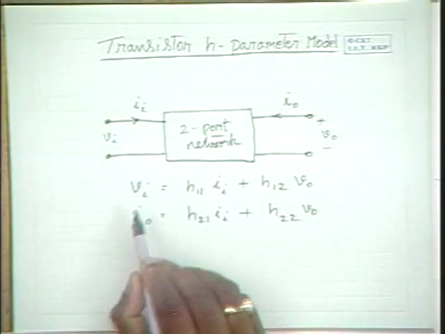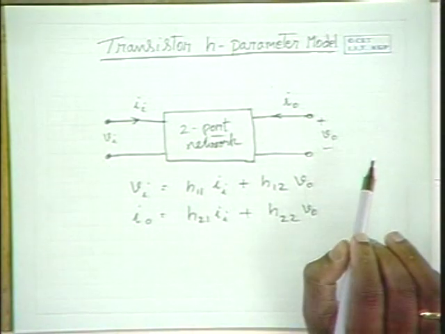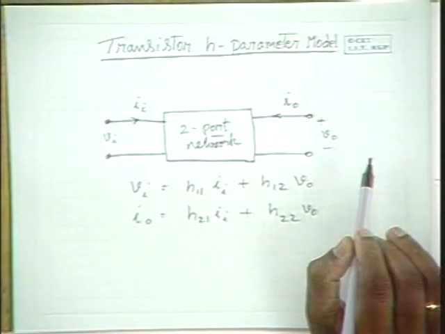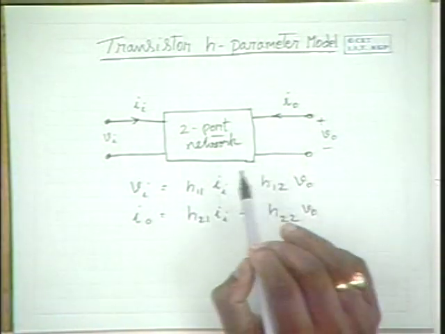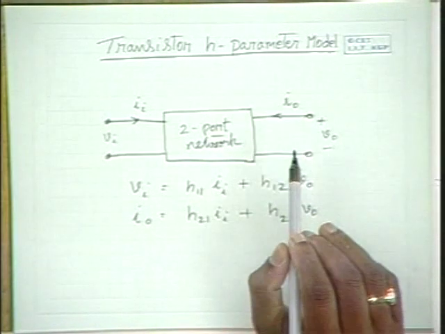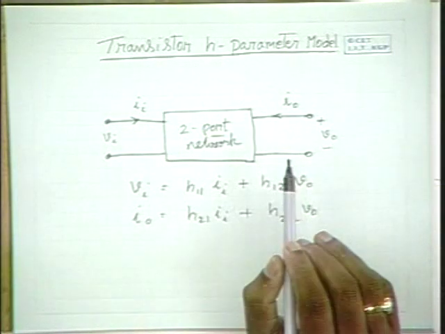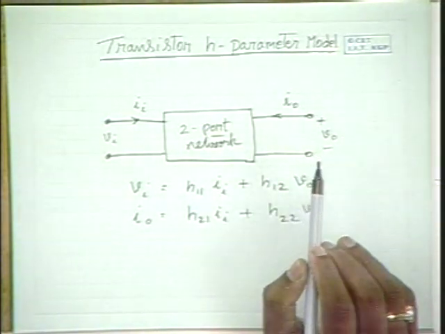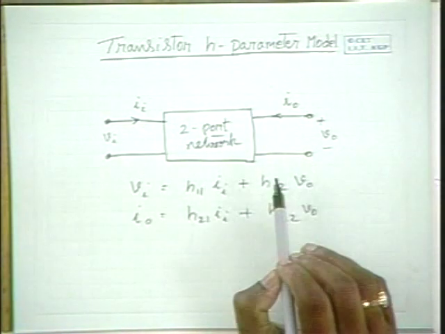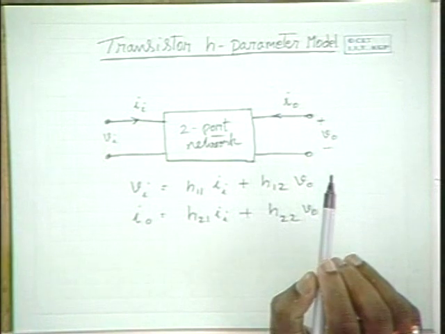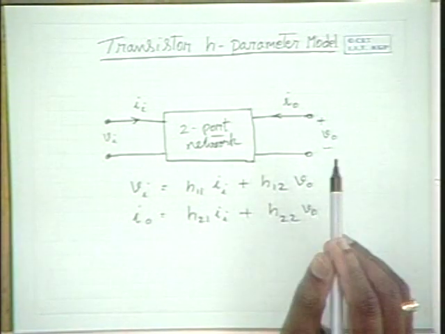Please note that this kind of model is applicable only for linear circuits. So that means the transistor amplifier or the transistor itself is considered to be a linearized circuit, and that is applicable only for small signals, because for small signals the characteristics can be approximated by piecewise linear characteristics, and you can approximate the transistor by a linear model.